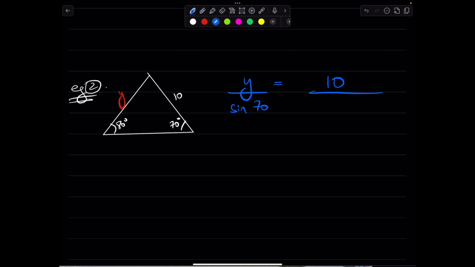Similarly, the angle opposite 10 is 80, thus sine 80 degrees. And thus y turns out to be 9.54 units.